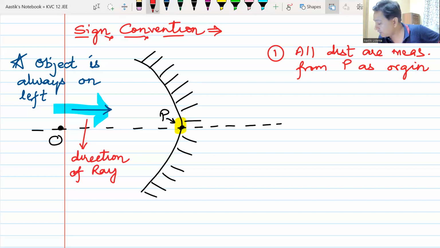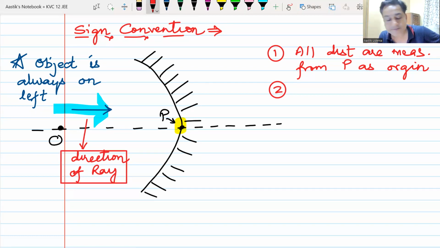Having talked about the direction of light ray, comes my point number 2. Can anyone tell me what is point number 2? It comes from the direction of light rays. What is point number 2, my dear friends? Distances measured in the direction of incident ray are positive.